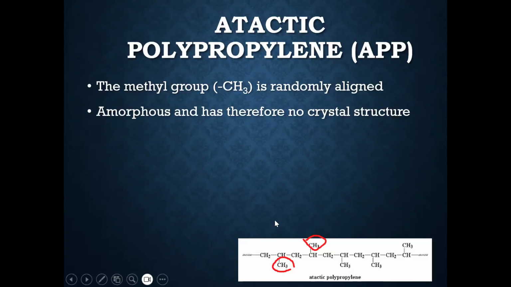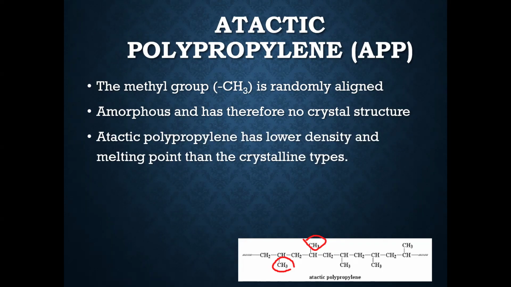This polypropylene is amorphous in structure, in texture, and there is no crystalline formation, no crystal structure, and it has a lower density and melting point than the crystalline type. So in polypropylene, we have a type which can crystallize and another type which can't.